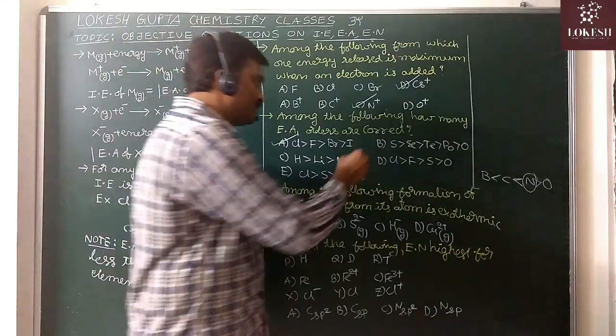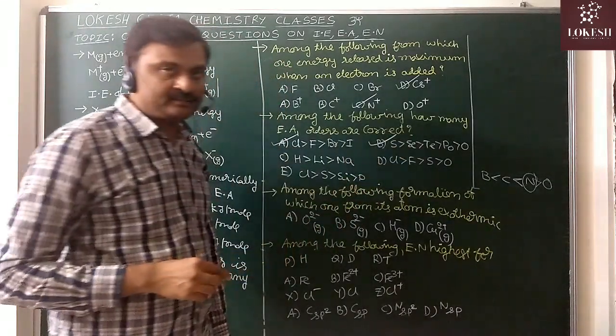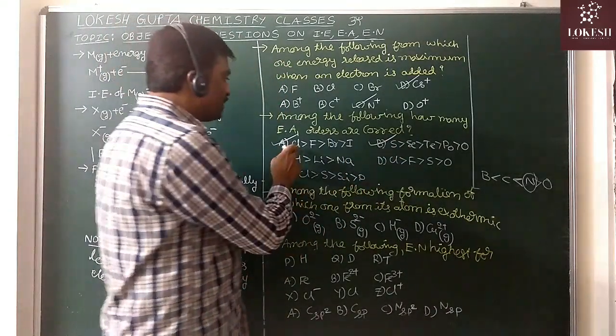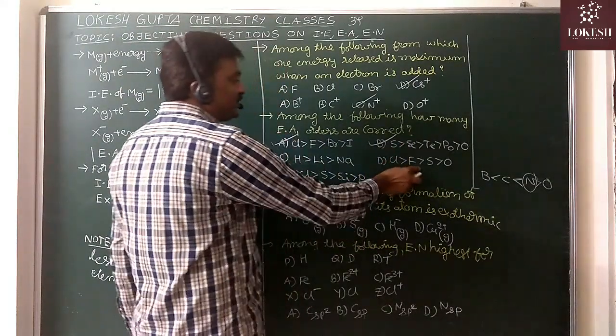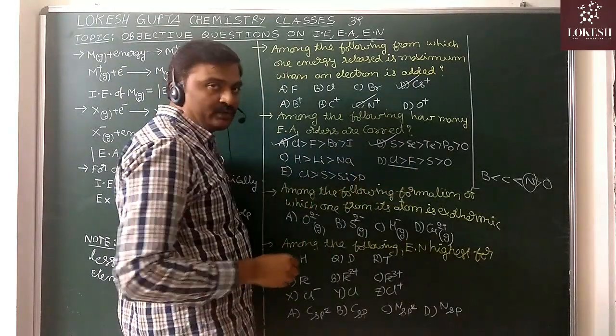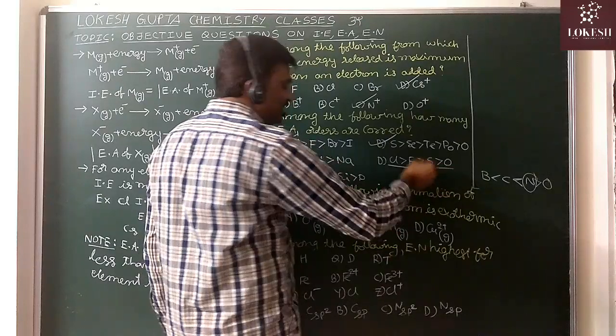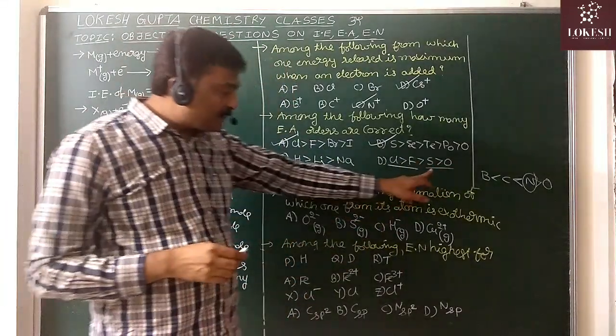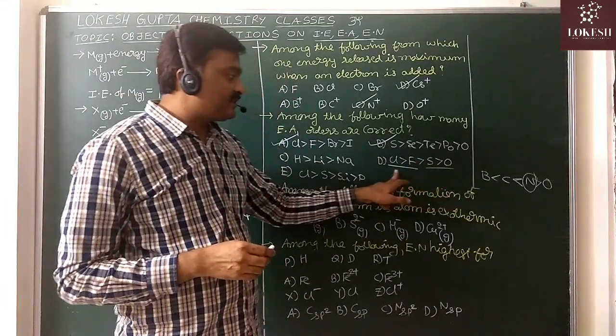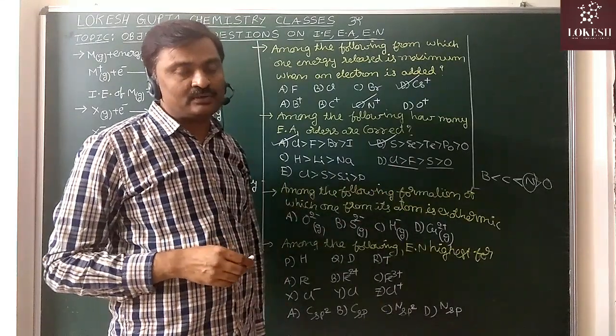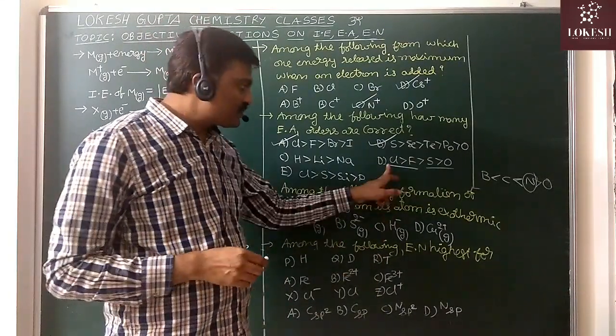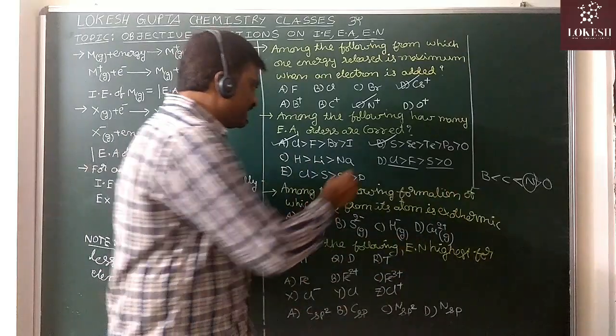It is also correct. Next, if you compare fluorine and chlorine, chlorine is more. If you compare oxygen and sulfur, sulfur is more. When compared with the 6th group elements, for the 7th group elements electron affinity is more. So overall this order is also correct.